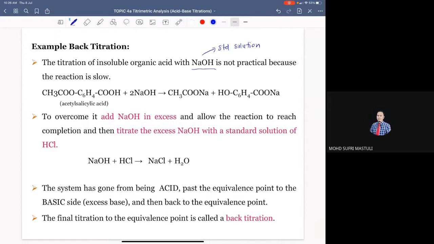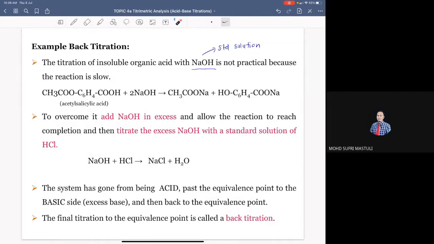So during the first titration, we have to add sodium hydroxide in excess. Okay, so the keyword should be excess, and allow the reaction to reach completion, and then follow by titrating the excess sodium hydroxide with a standard solution of hydrochloric acid.